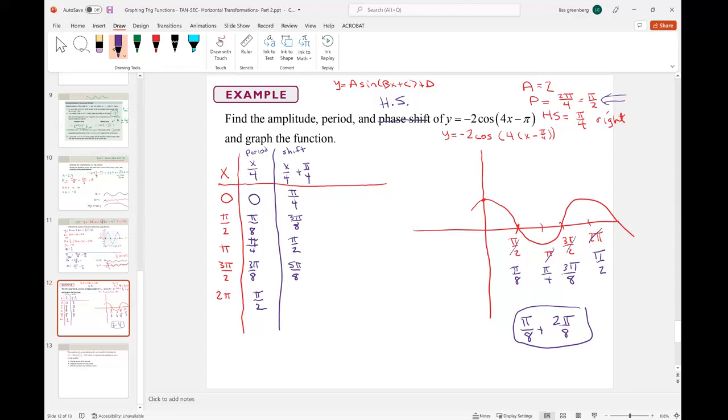And pi over 2 plus pi over 4 would be 2 pi over 4 plus pi over 4 is 3 pi over 4. Pi over 4 plus pi over 4, right? So that's all my shifted values. And since I'm done shifting, this is actually the x value that I'll use in the end.